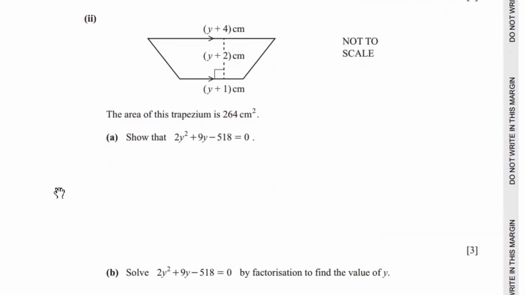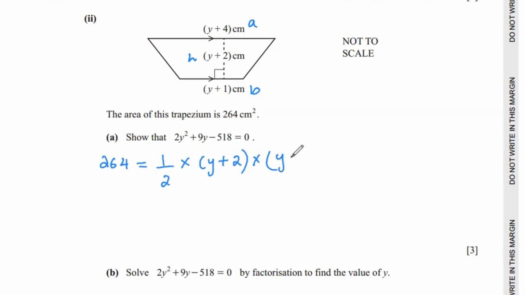Then it says area of the trapezium is 264 centimeters squared. Show that 2y squared plus 9y minus 518 equals 0. So same formula, area equals 1 over 2 times the height, which is y plus 2, times the sum of parallel sides. These are the two parallel sides.